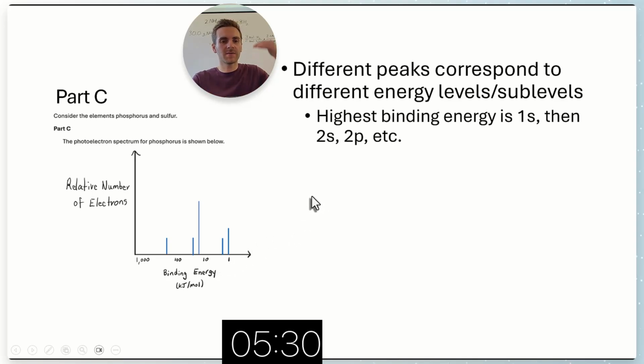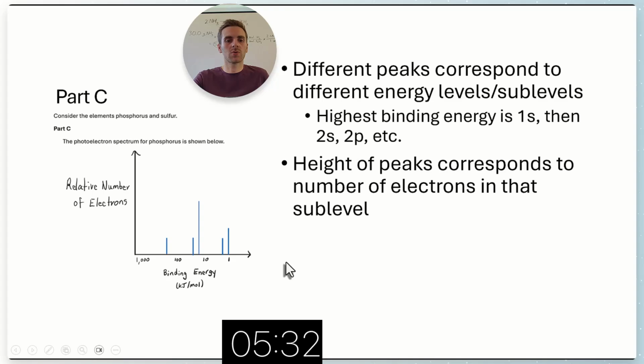And then the height of each peak corresponds to how many electrons are in that sublevel. So notice 1s and 2s are both the same height because they have 2 electrons, and then 2p is quite a bit taller than 2s. Looks like about 3 times taller, which makes sense because p holds 3 times as many electrons as 2s.